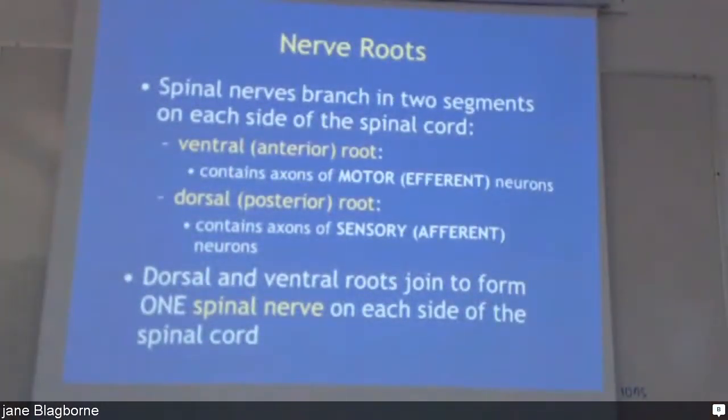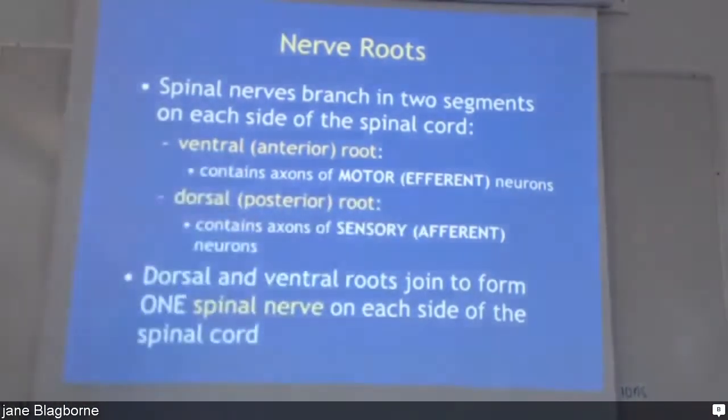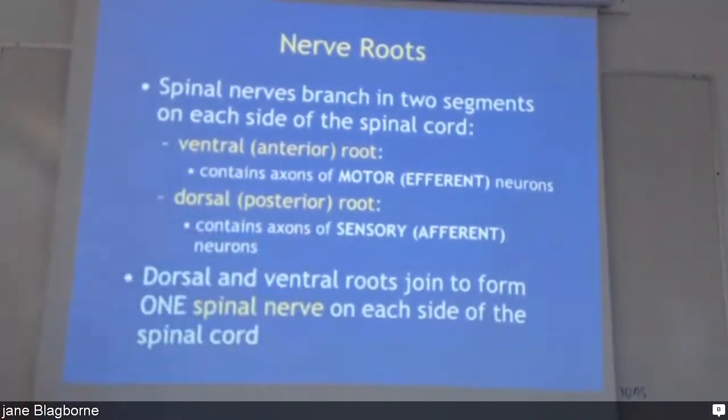The spinal nerves are branched into 2 segments on each side of the spinal cord. The anterior root, which has the motor, efferent axons, and the dorsal root, the posterior, that has the afferent.